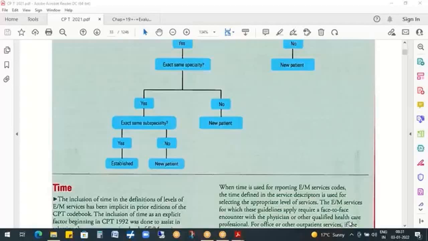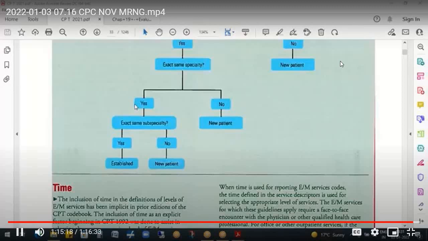Just at a glance, I will revise today's session. We started E&M, evaluation and management. First, I have given the 8 locations' code series. If you memorize them, you will save your time in the examination and rule out the options quickly and accurately. Then for all these locations, there are some common rules.